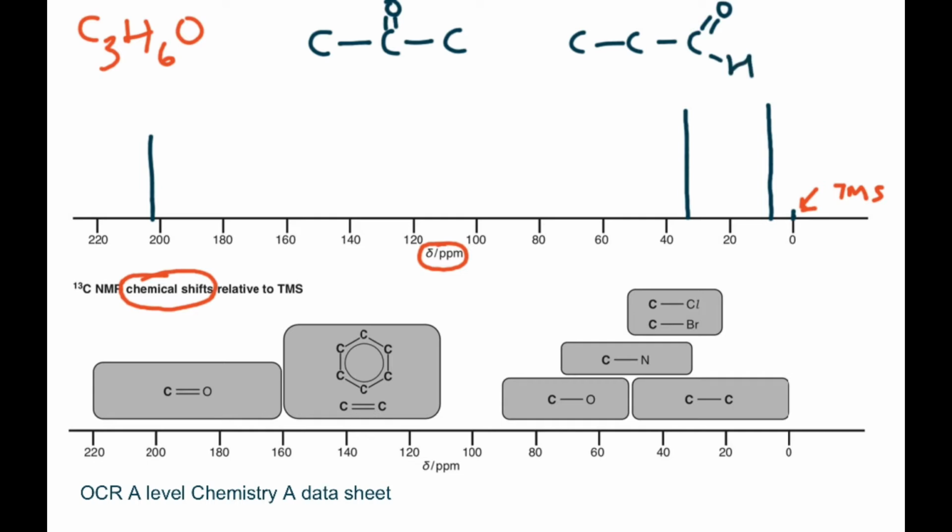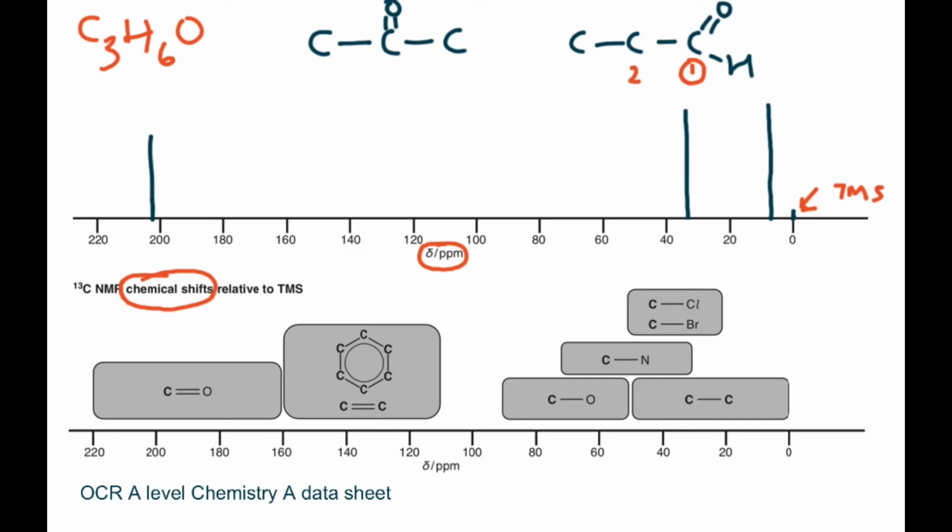I haven't drawn on all the hydrogens because I haven't got much room here on the slide. Let's start with the aldehyde, propanal. How many carbon environments are there? The very first carbon is a C double bond O, and there isn't another one in the molecule, so that is one carbon environment.